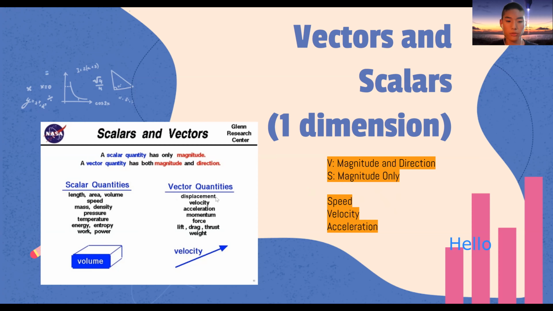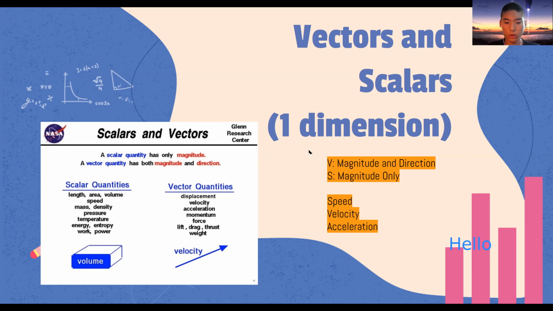All right, so I'm gonna move on to displacement and distance. Distance is a scalar, and displacement is a vector. Let's say you walked 5 miles north to reach a store. But then after you reached that store, you walked the 5 miles back home.